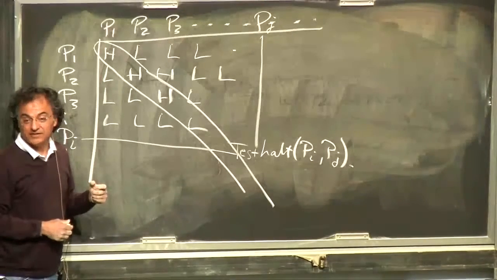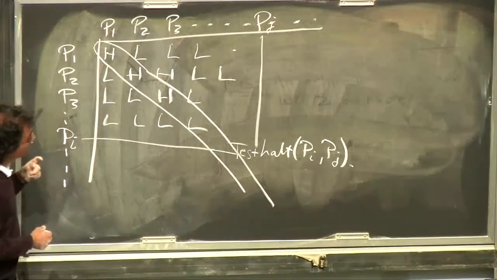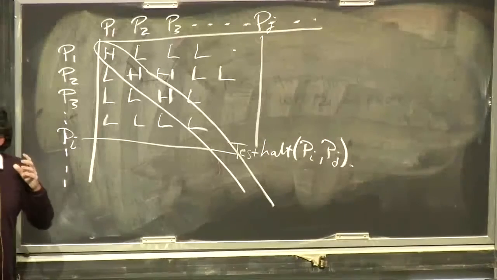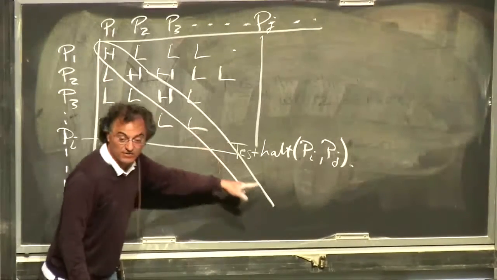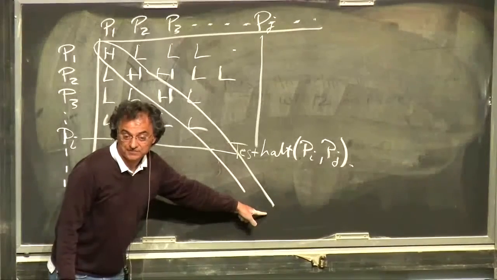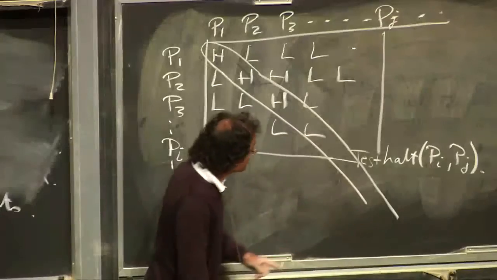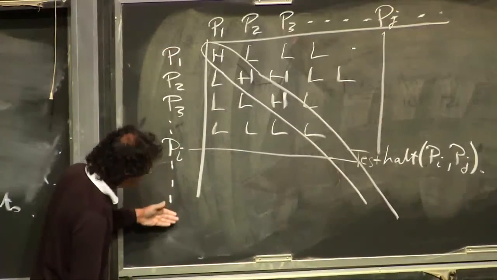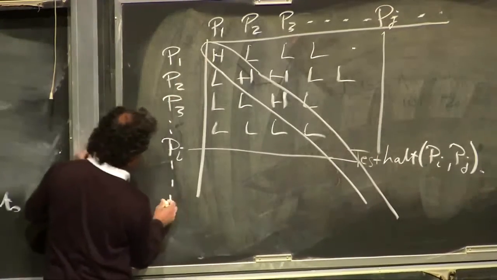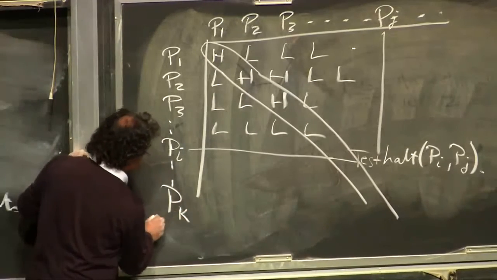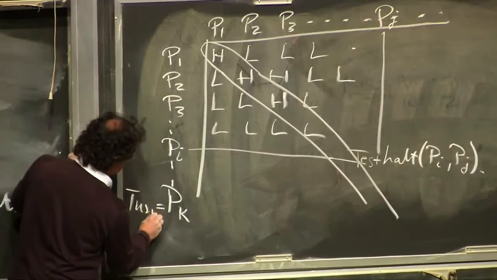Then what's our reasoning? We say, suppose that this was the output of a program. Well then, since every program is somewhere in here, this program must be somewhere in here. It must be P sub k for some k. This is Turing.